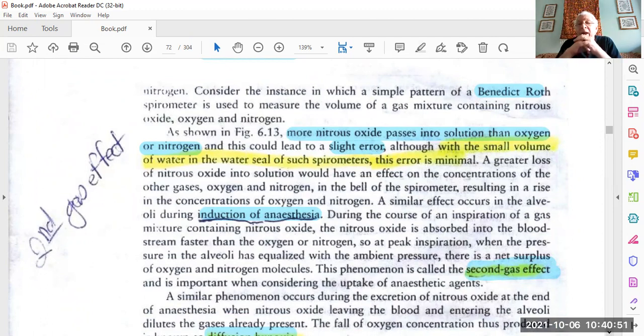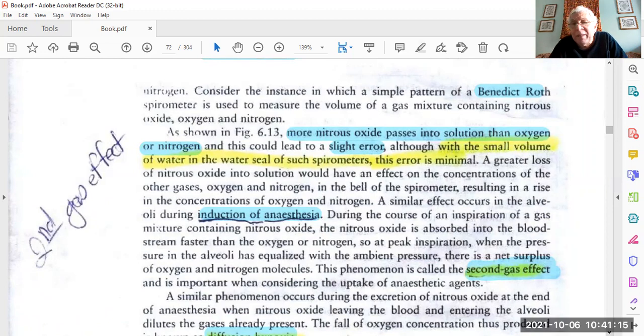In other words, we have the Benedict cross, as we mentioned before. We have the gases being forced to the bill by the expiration of the patient. Suppose the gases are nitrous oxide, oxygen and nitrogen.